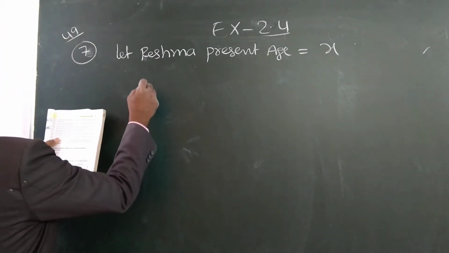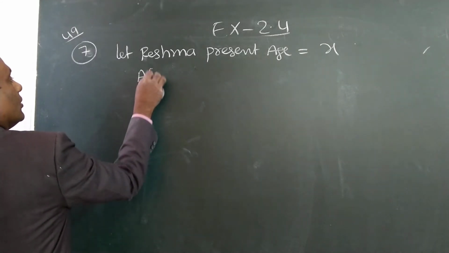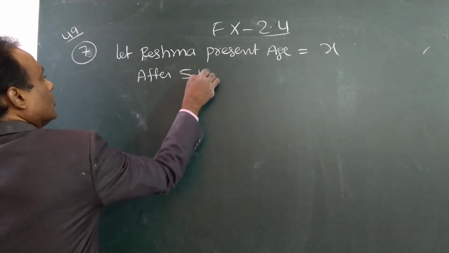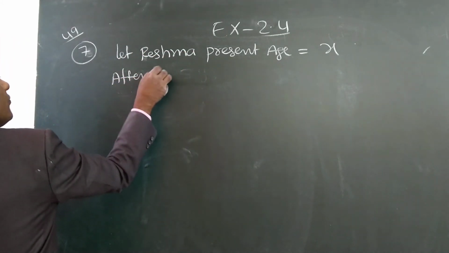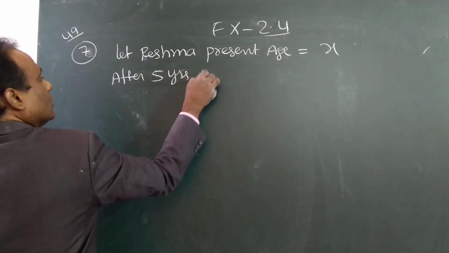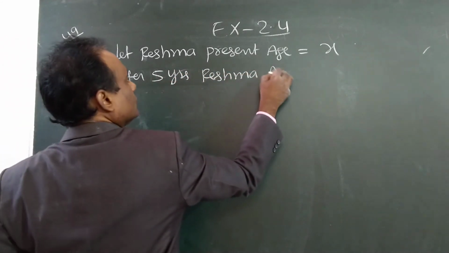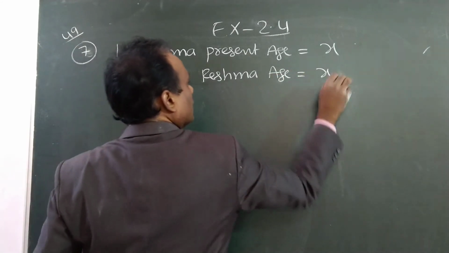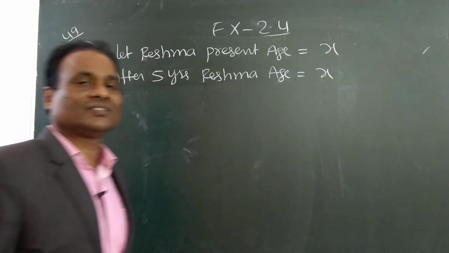After 5 years, Reshma's age will become what? Say here, present age is x.